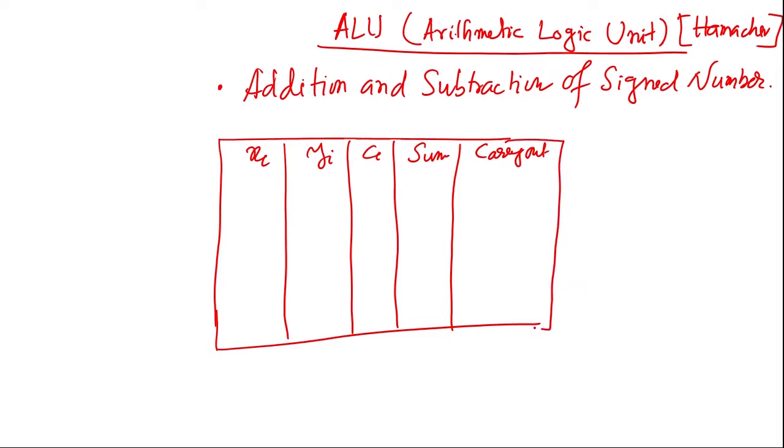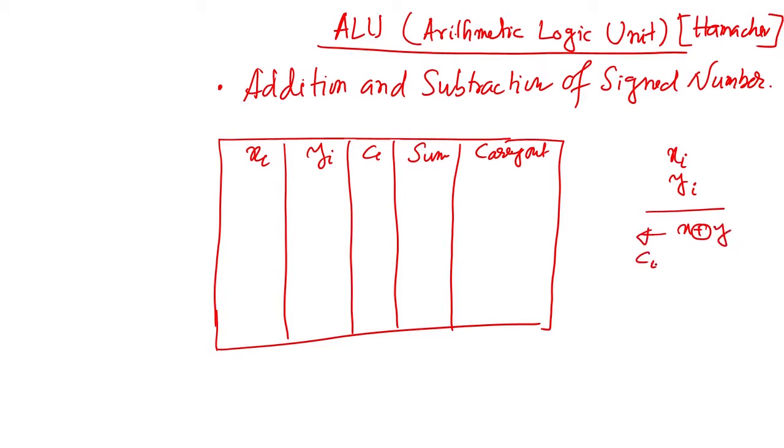That we know, right. Suppose you want to add x I and y I, then we get the sum and there should be a carry out C I plus 1. Let us say you want to add 1 and 1. So, x I is 1, y I is 1, then we will get the result 0 and this is the carry, C I plus 1. Similarly, you can check for the other numbers also.